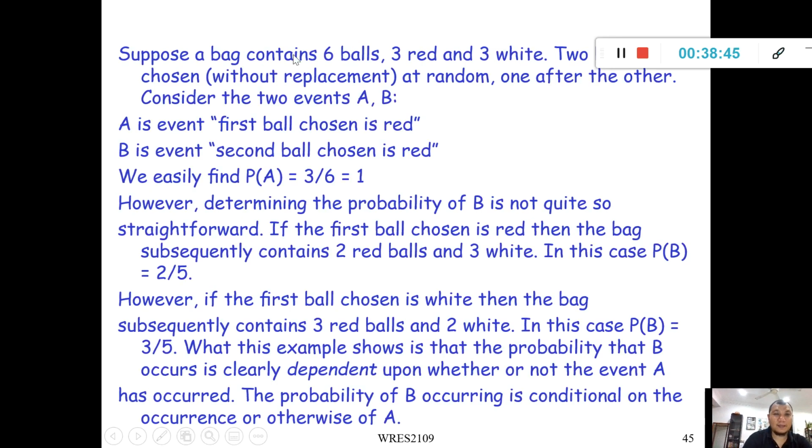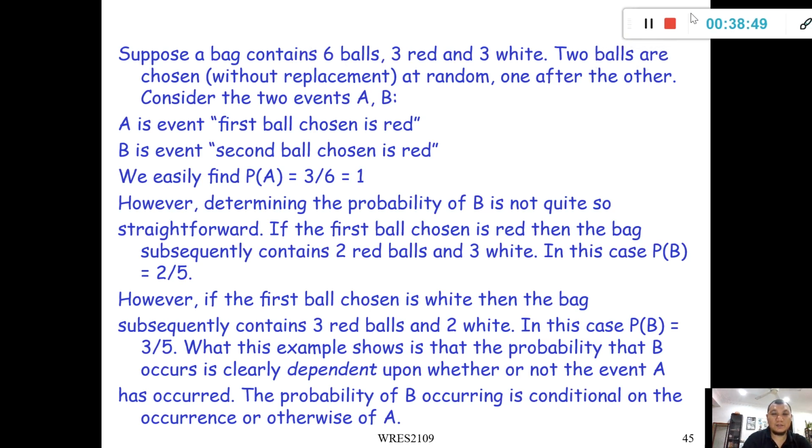Suppose a bag contains 6 balls, 3 red and 3 white. Okay, this is to learn Bayes theorem. Two balls are chosen without replacement at random, one after the other. Consider the two events A and B. A is the event that the first ball chosen is red, B is the event that the second ball is chosen. P of A is easy, 3 over 6.